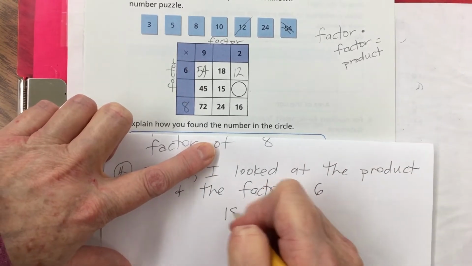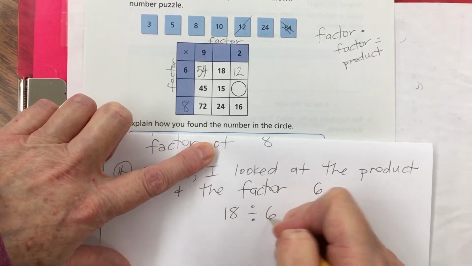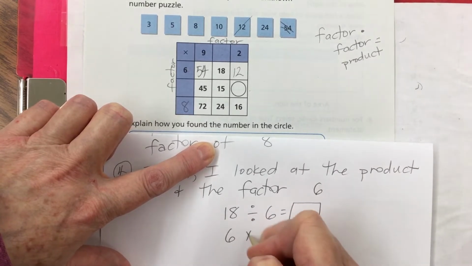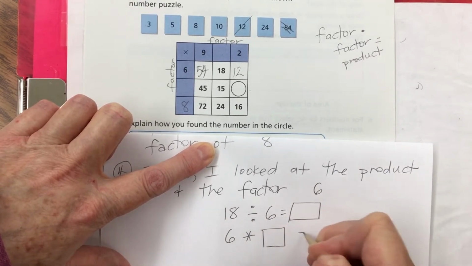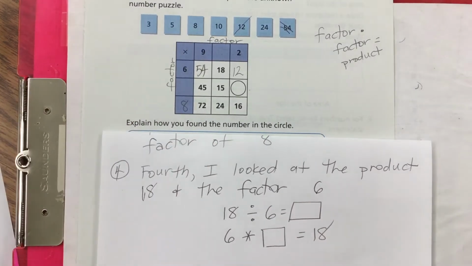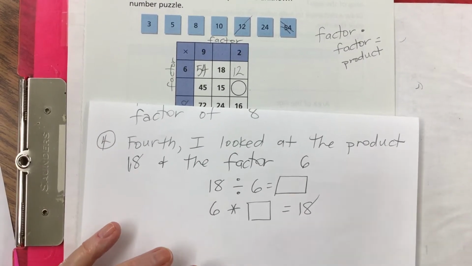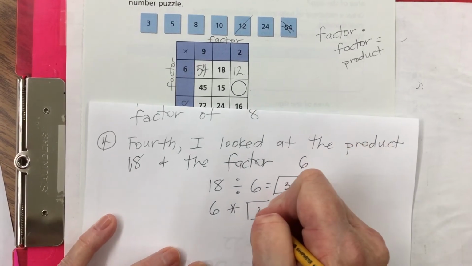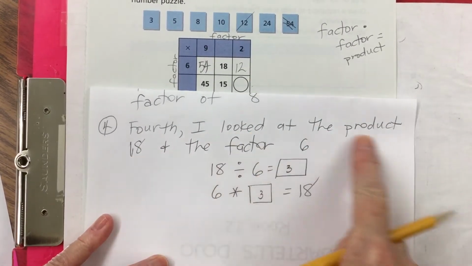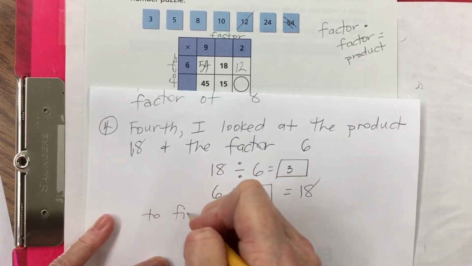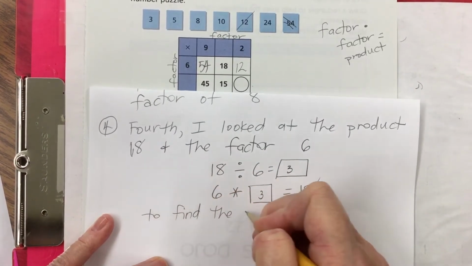So again, 18 divided by 6 equals, or we could say 6 times something is 18. And when we count by 6, 6, 12, 18, so that's 3. So I'm going to say, fourth, I looked at the product 18 and the factor 6 to find the missing product.